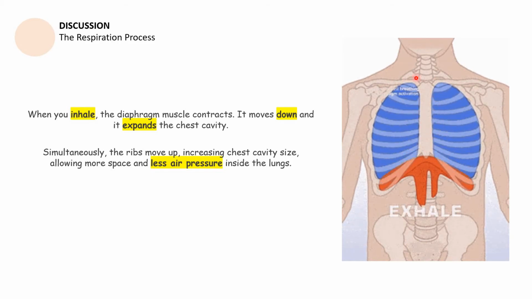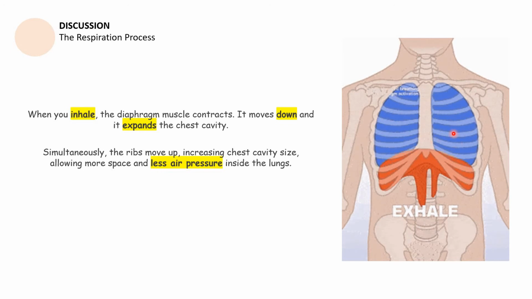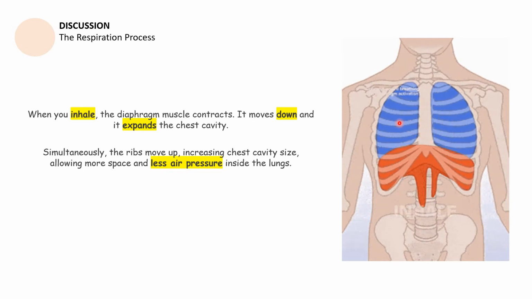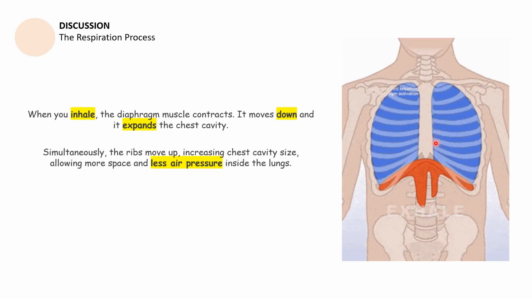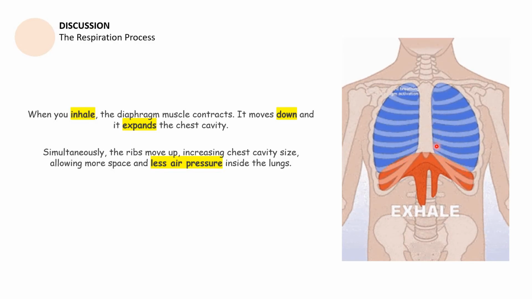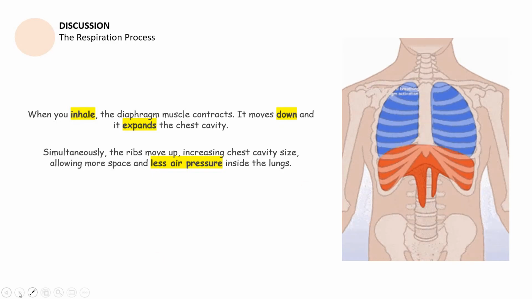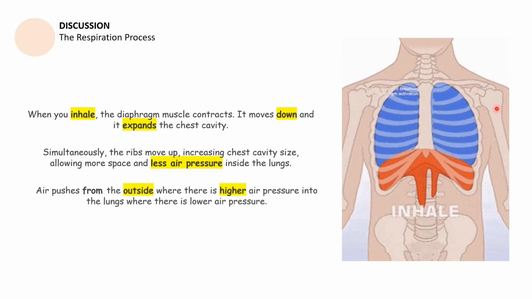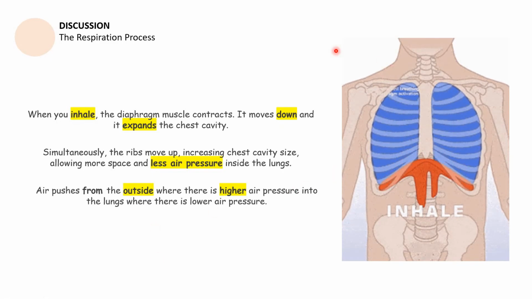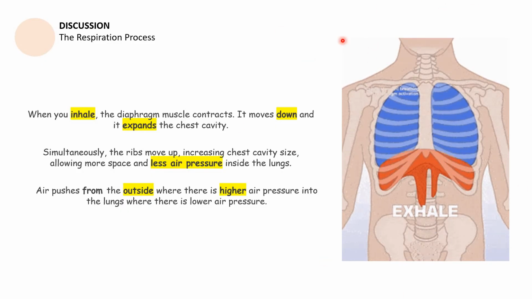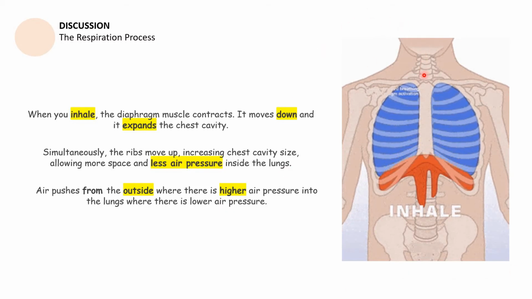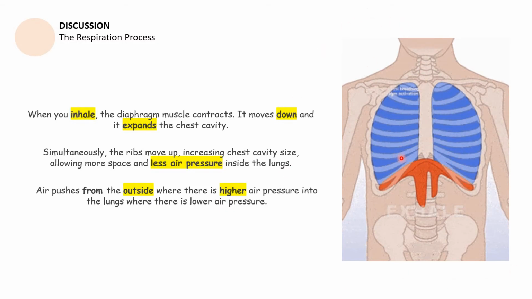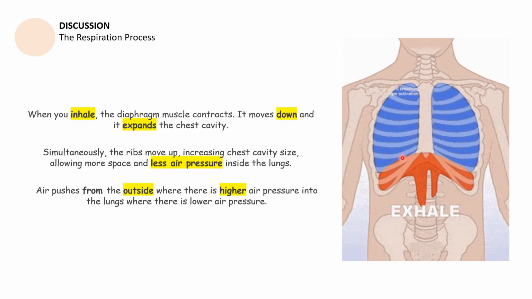So what happens now is when you fill these two bags, these lungs with air, the pressure inside becomes lower. Again, the pressure inside becomes lower. Now, the air is being pushed from the outside environment where there is higher air pressure into the lungs where there is lower air pressure.